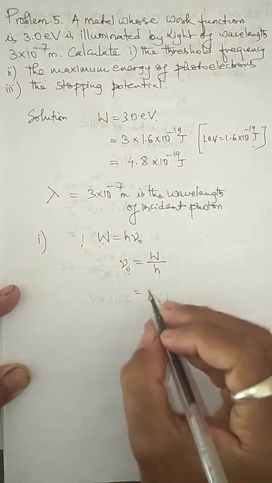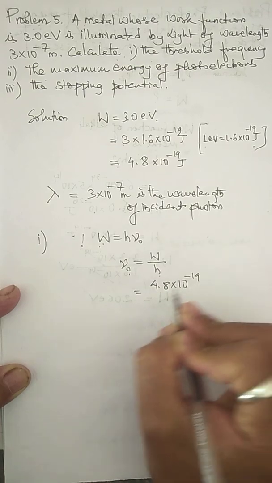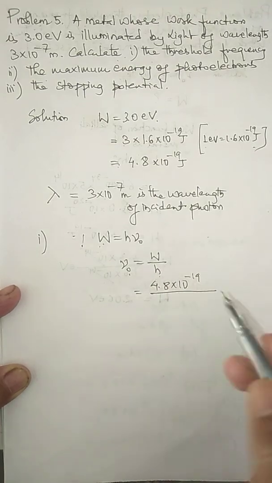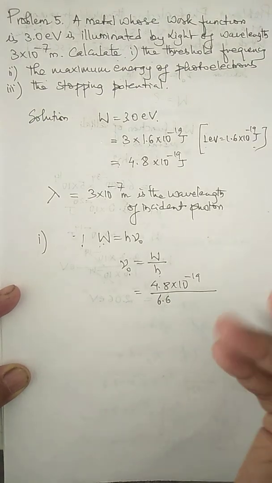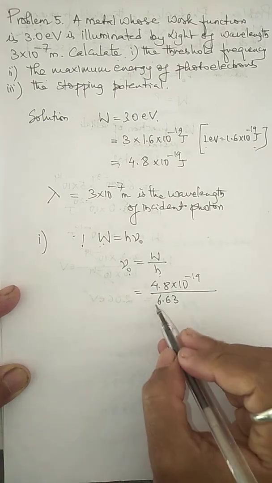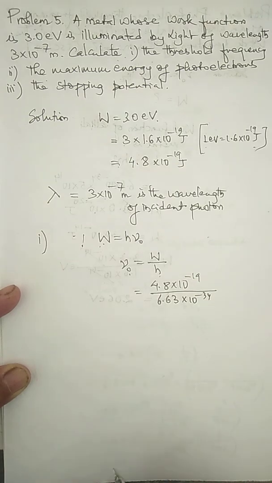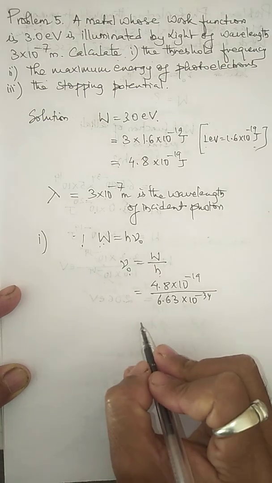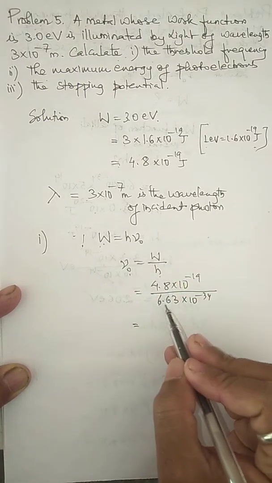Now the work function value, as you know, is 4.8 into 10 power minus 19 divided by the value of Planck's constant. It is not given, but children, we basically take 6.6, but this time I'll take 2 decimal places, 6.63. You can take this value also, 6.63 into 10 power minus 34. So this is the value of Planck's constant. Now let's divide. 4.8 can be divided by 6.63.